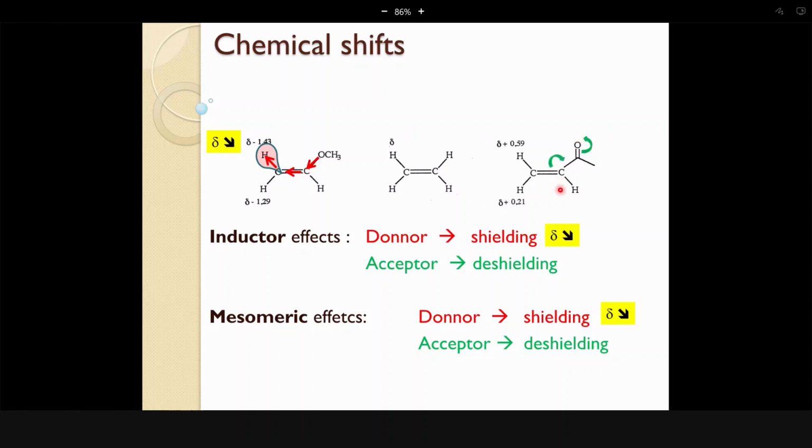So we could have this mesomeric effect, and the consequence on the proton here is that we will have a withdrawing effect of the electrons of the carbon-proton bond, and then we will have a decrease of the electronic density around the proton, and then we will have an increase of the chemical shift.